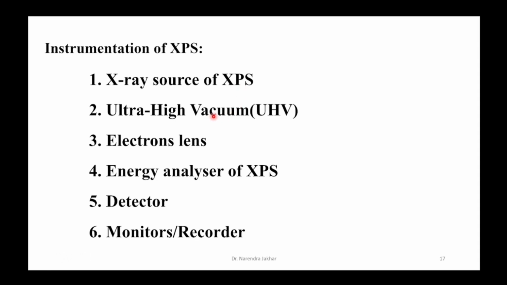Then all these XPS systems need ultra high vacuum, UHV. So what is the need of the UHV and how can we achieve this in real systems is discussed in this ultra high vacuum content. And later on we will see the electron lenses, the energy analyzer of XPS, and detectors, monitors and recorders.